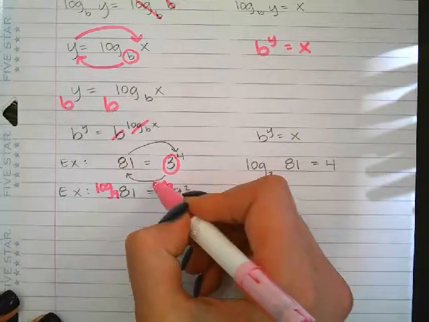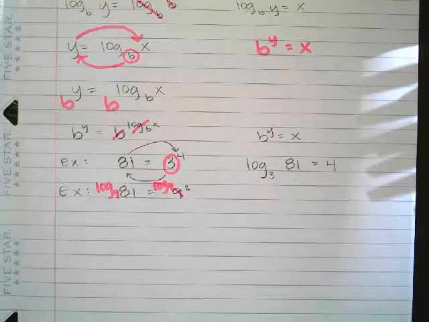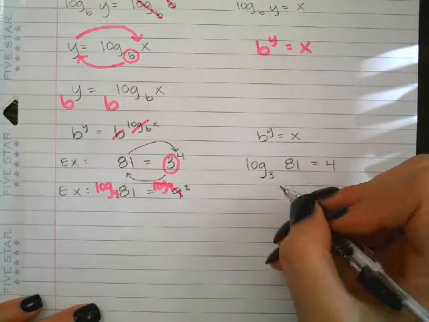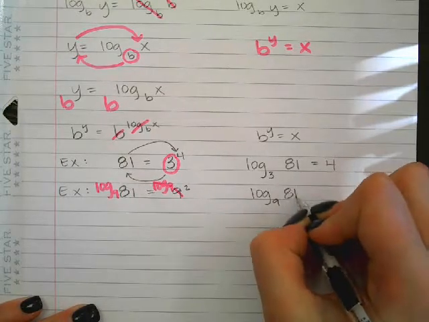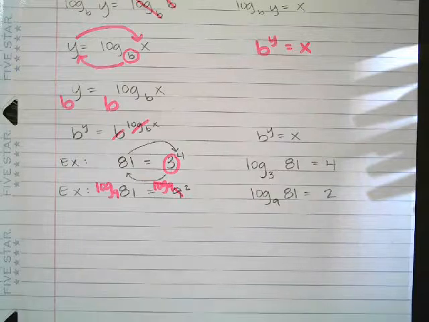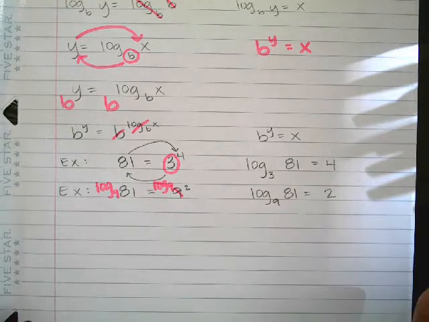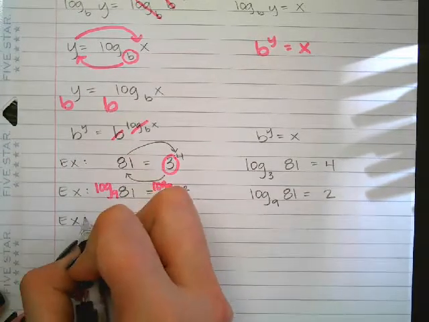And then this log base 9 will cancel with that base of 9. And my answer would be log base 9 of 81 equals 2. So either of those methods work. I think they're about the same level of difficulty when you're not showing all your work for everything. So you choose the way that you prefer, and then we'll try to stick with that.